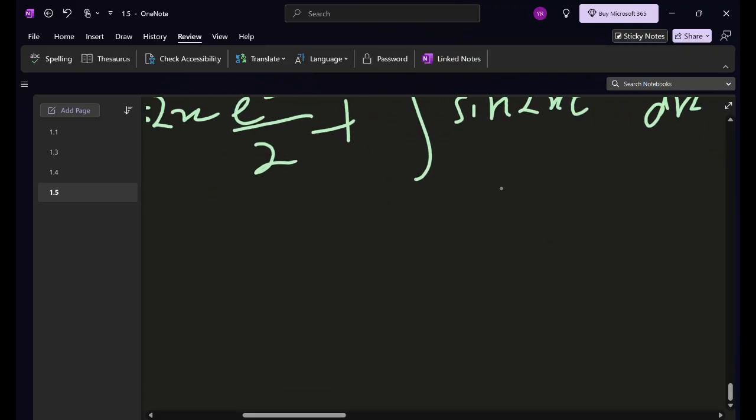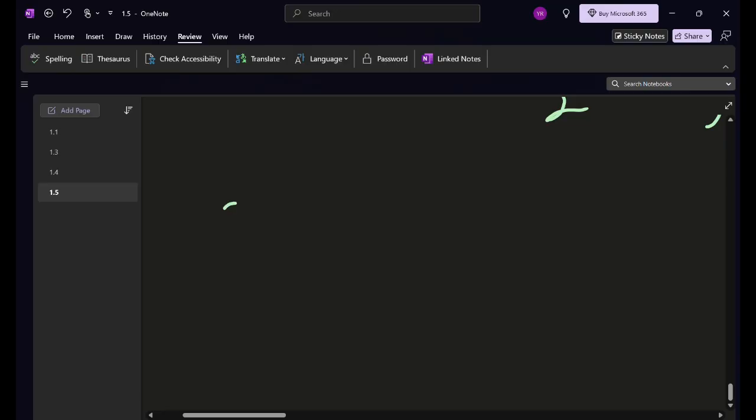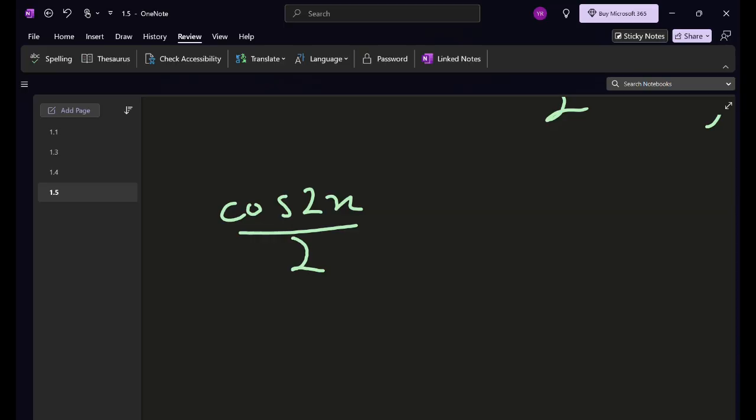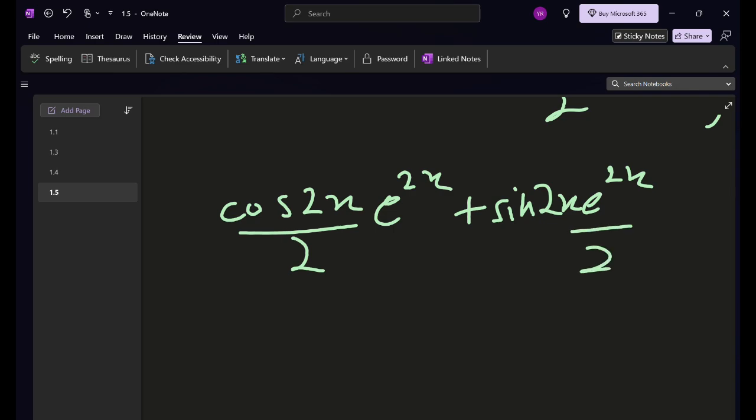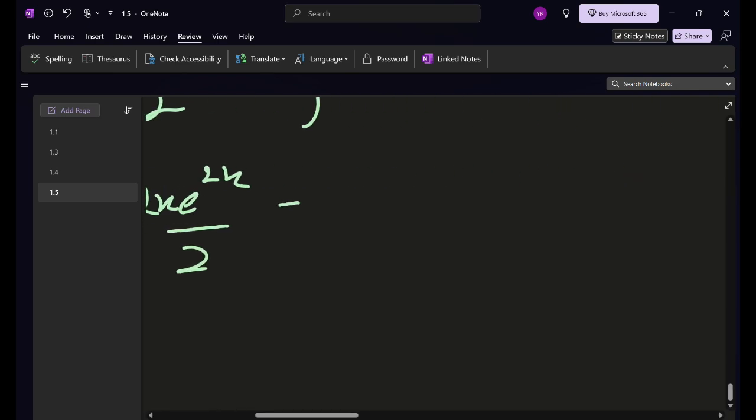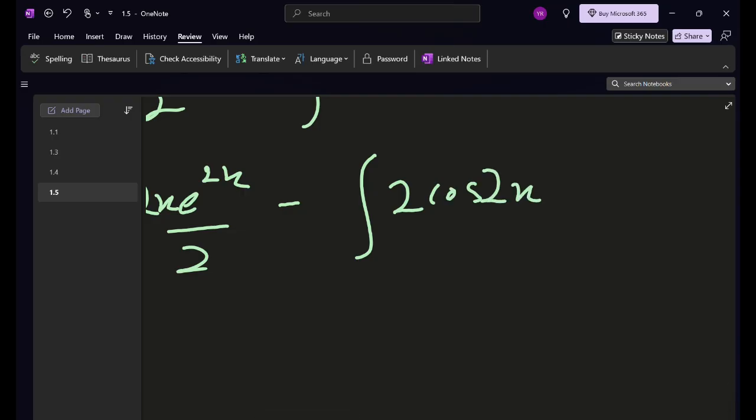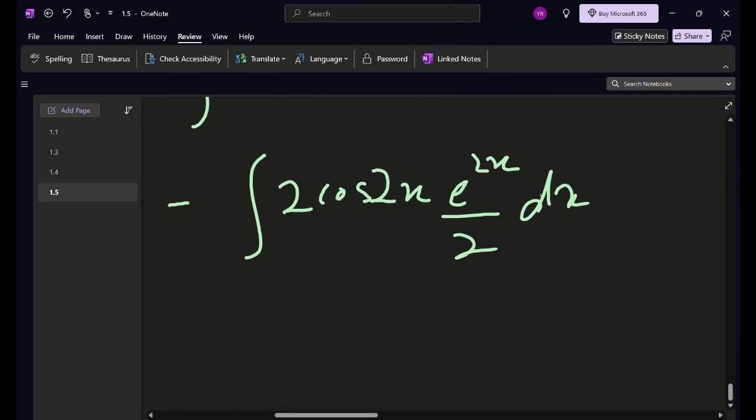Now we have to use by parts again on this term, so let's just do that. It is a lengthy equation. So cos 2x by 2 e to the power 2x plus sine 2x e to the power 2x by 2 minus the integral of 2 cos 2x e to the power 2x by 2 dx.